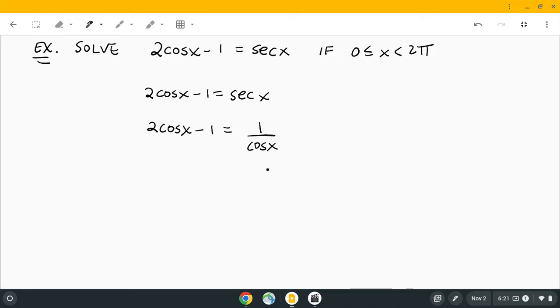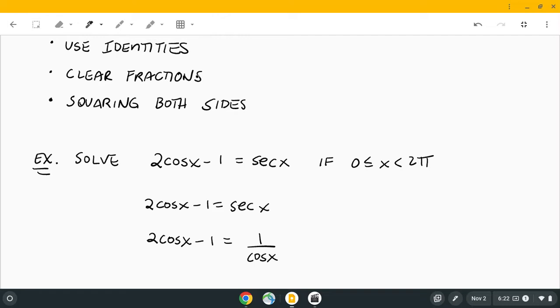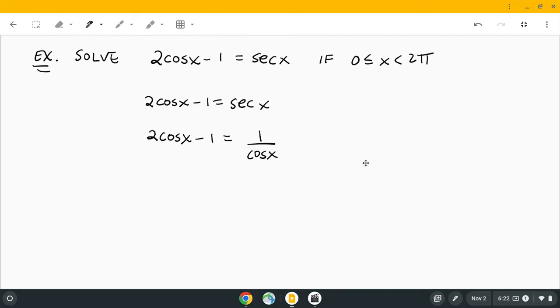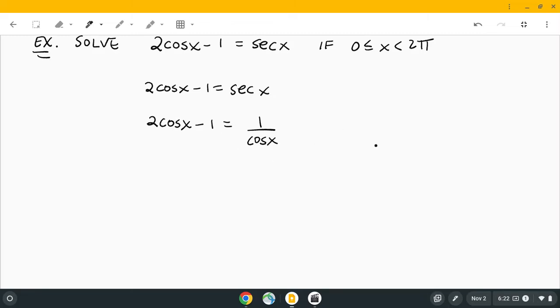All right, so now I have this fraction, so I am actually going to do the second thing now, clear up my fractions. So I'm going to multiply all 3 terms, 1, 2, 3, by cosine x, okay? And remember, I'm doing that to cancel this one over here.